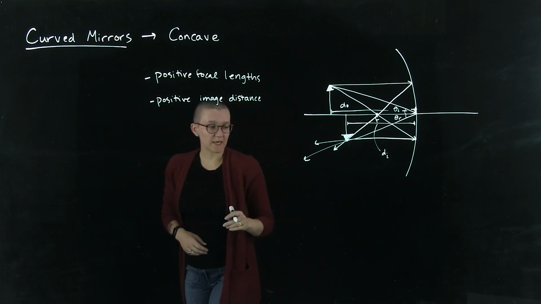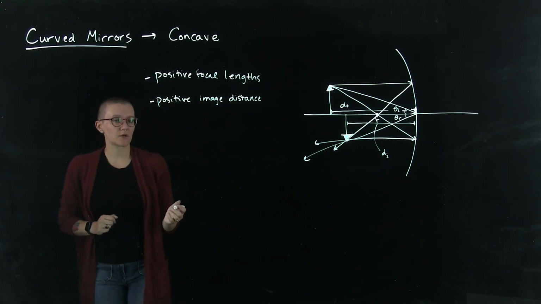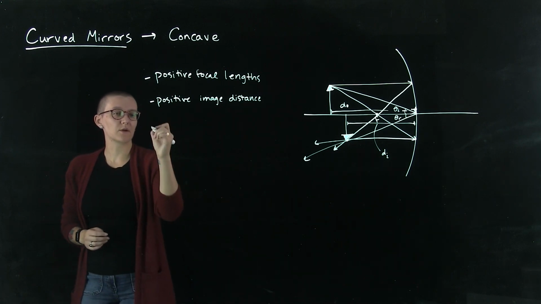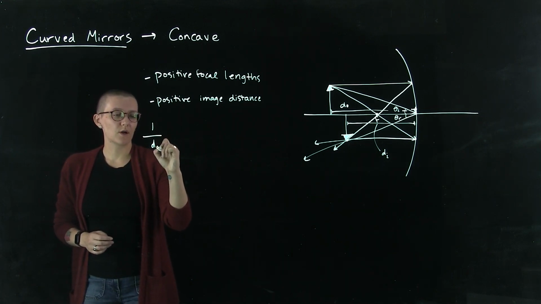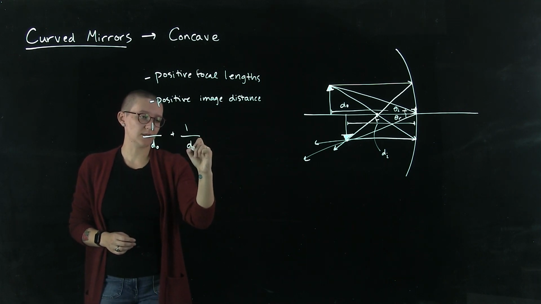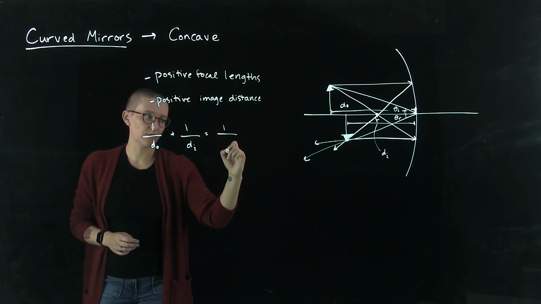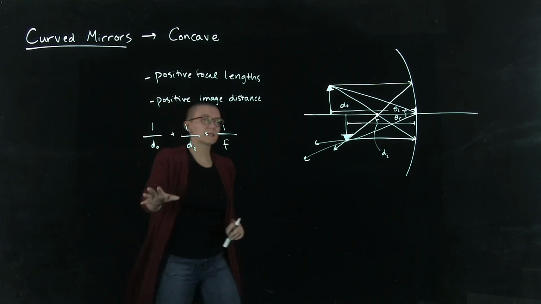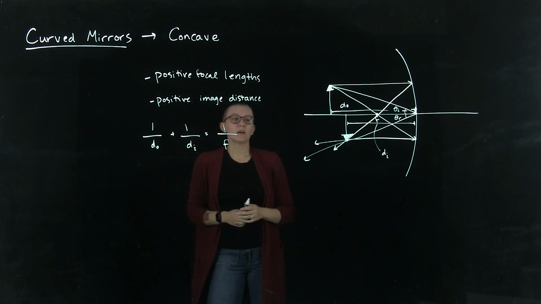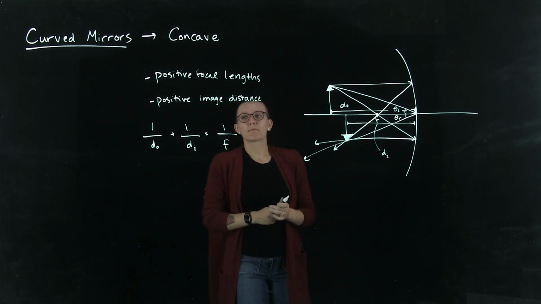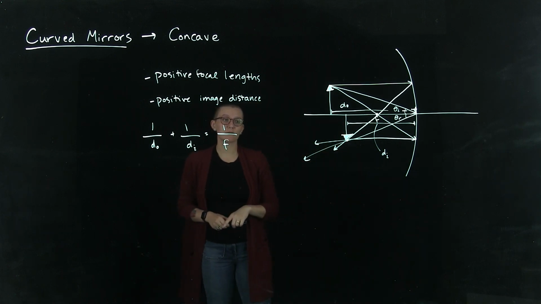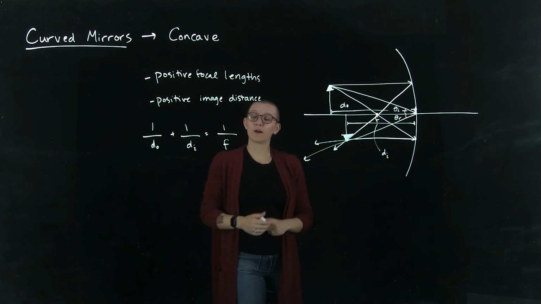This is just a matter of doing some geometry, and we can write down a similar equation to the thin lens approximation that we can use for curved mirrors: 1 over the distance of the object plus 1 over the image distance is equal to 1 over the focal length. This same equation applies to this case where we have a concave mirror, and that is how you can use ray diagrams to figure out where an image is located for a concave mirror.